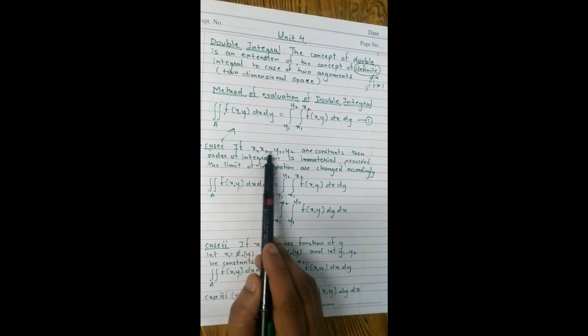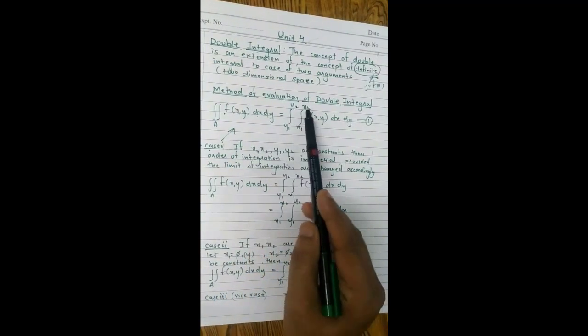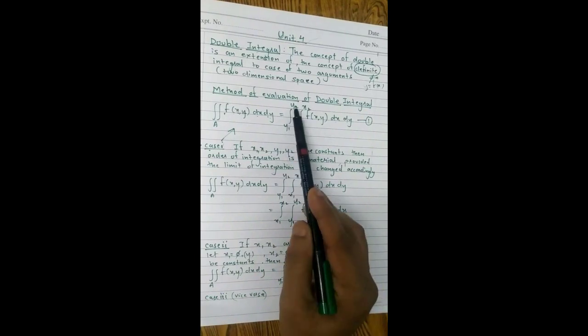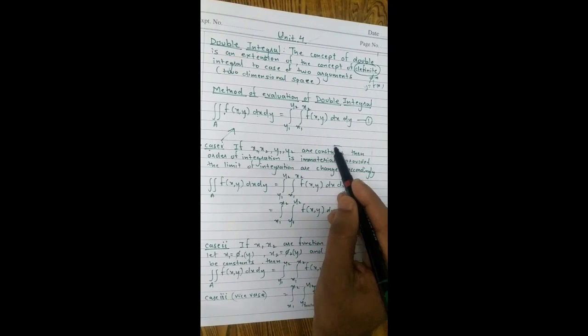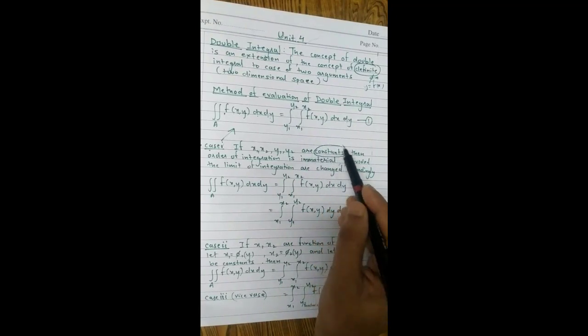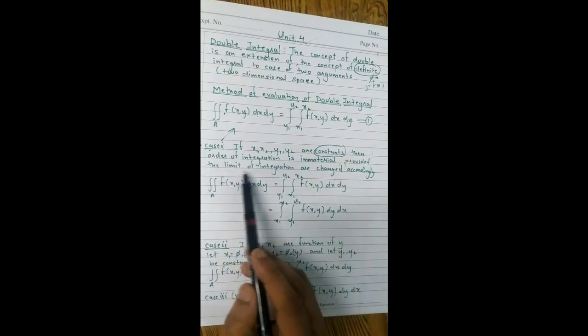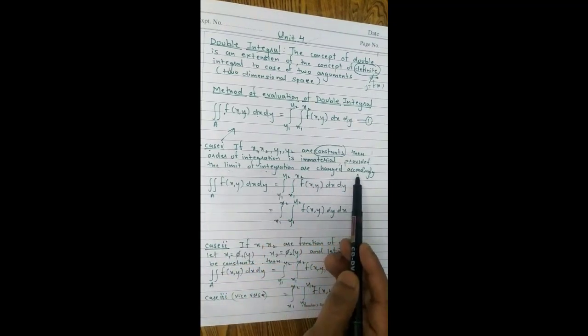Suppose all these limiting values, that is the upper and lower limits x1, x2, y1, y2, are constants. Then the order of integration is immaterial, provided the limits of integration are changed accordingly.